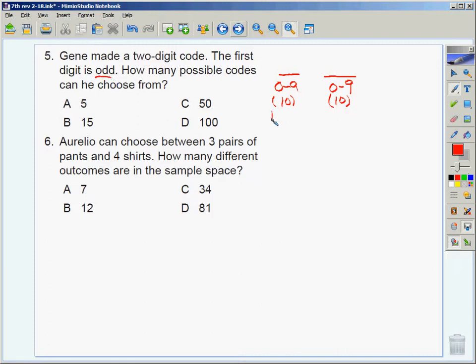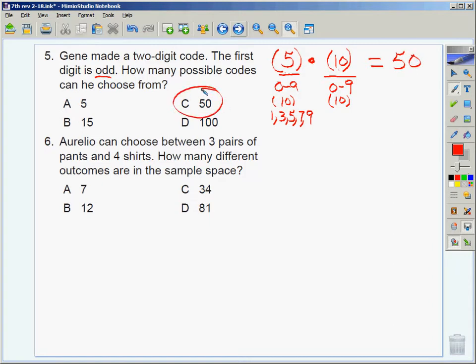So I can only use 1, 3, 5, 7, or 9. So there's 5 possibilities for the first one, and yet all 10 of them are possible for the second one. And when you're figuring combinations, you simply multiply the number of possible in each one, which means there's 50 combinations.